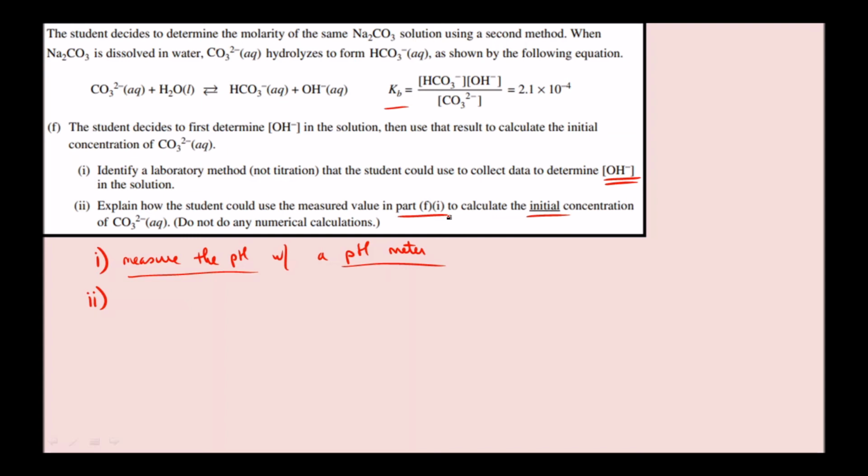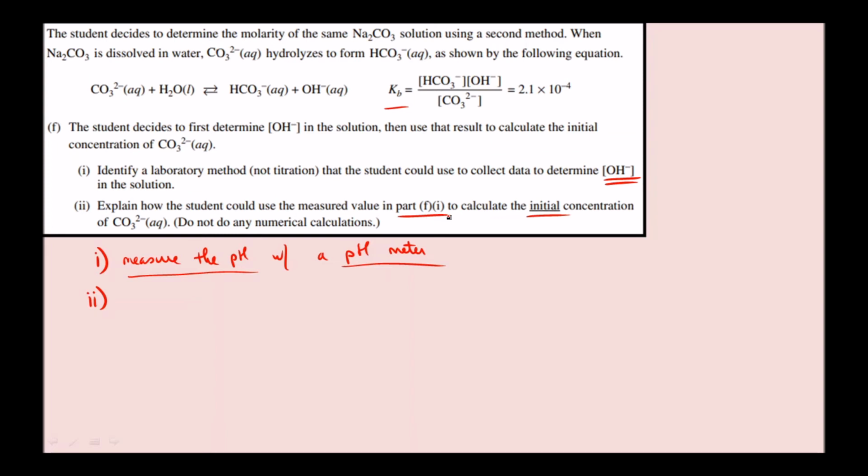So the value obtained from part I is pH, because we're taking the pH using a pH meter. So how can we use that value to calculate the initial concentration? Well, if we look back to part F, we see that it says the student decides first to determine the OH- concentration in the solution so that we can use that result to calculate the initial concentration of the carbonate ion.